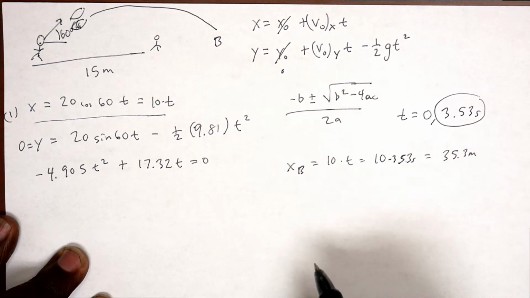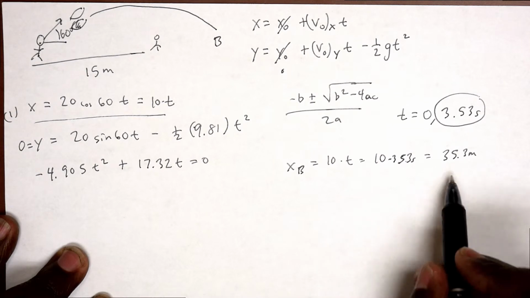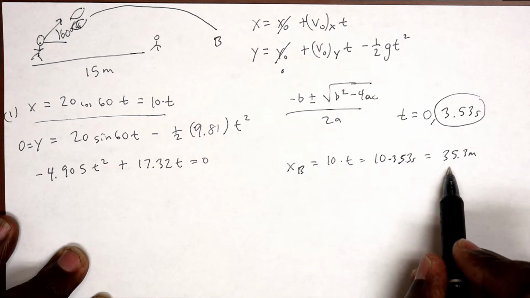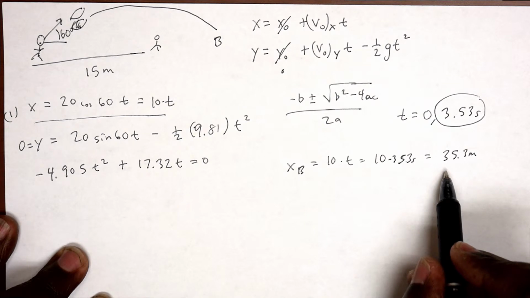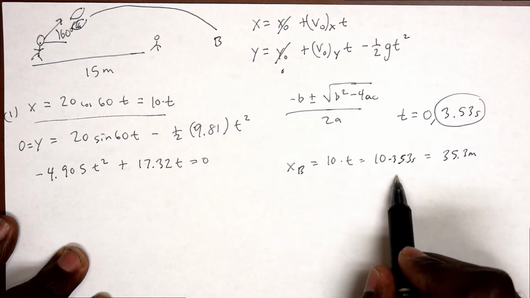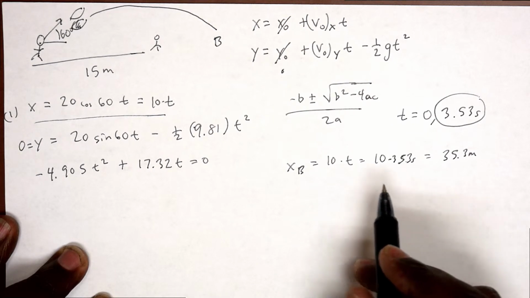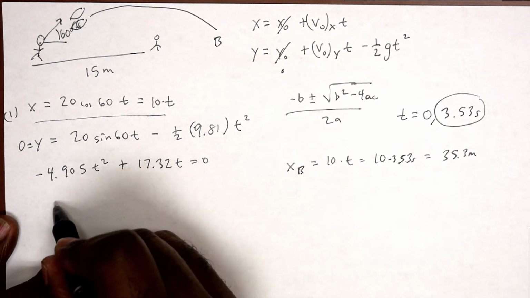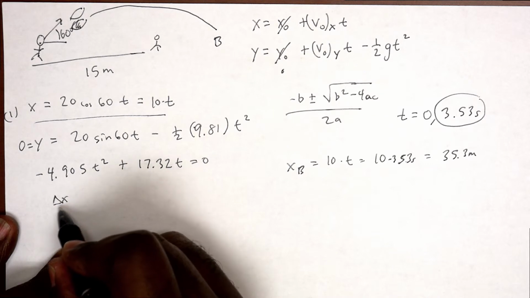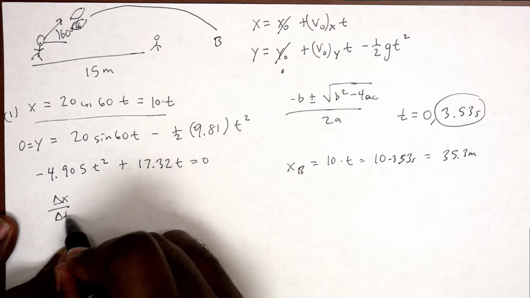Okay? And since we know that x of b is 35.3 meters, now we have to figure out what is the velocity that the player would have to run to be there in 3.53 seconds. So when you think about that, we're really just talking about the amount of distance divided by the amount of time.